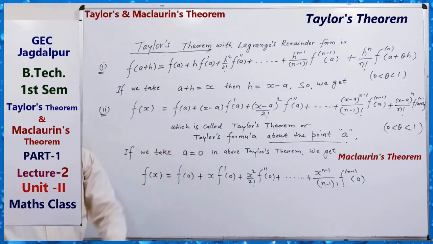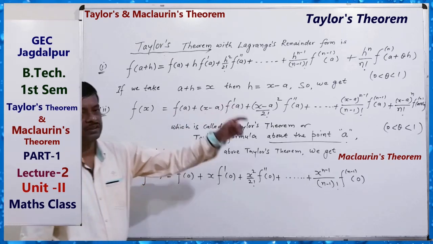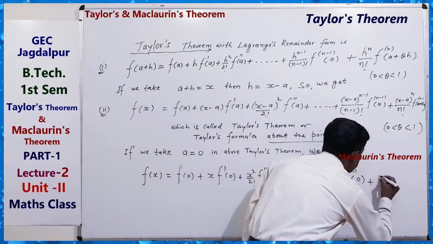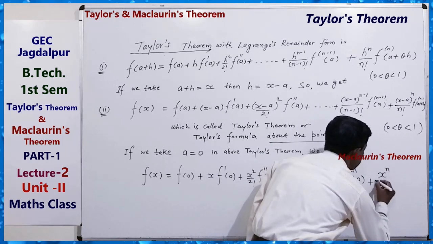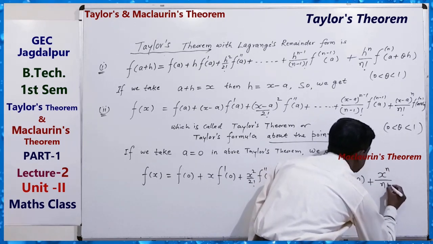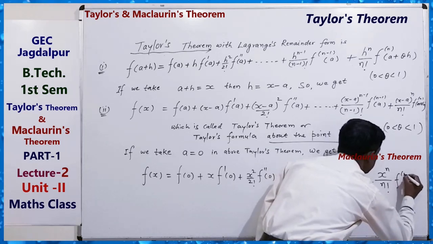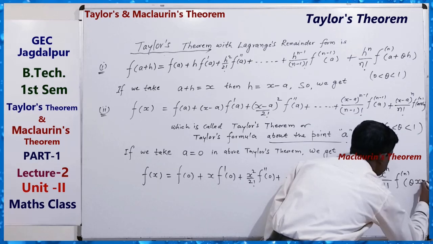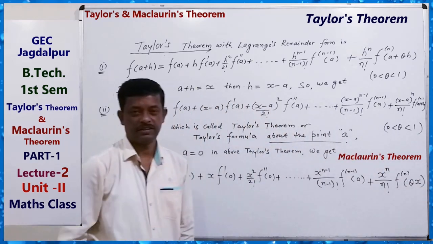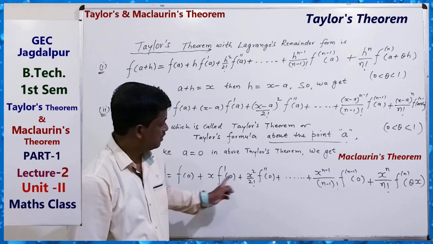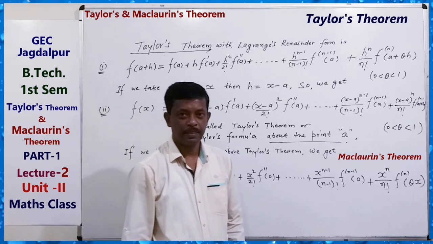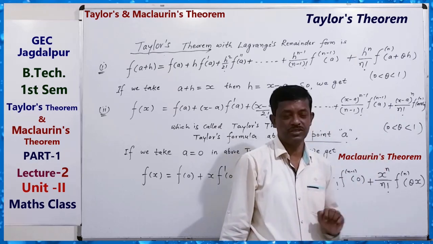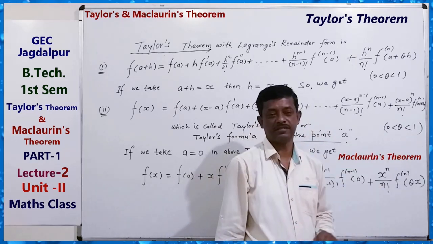Just write 0 in place of a, and the last term will be x to the power n upon n factorial f^n(theta x). Theta x, because in this case a equals 0, and if a equals 0, then h equals x.